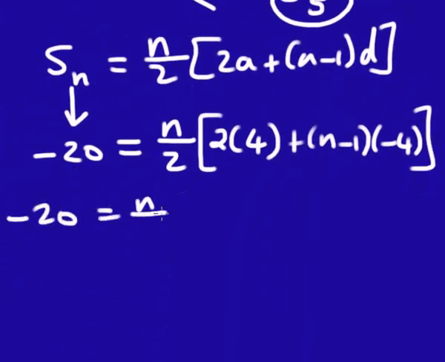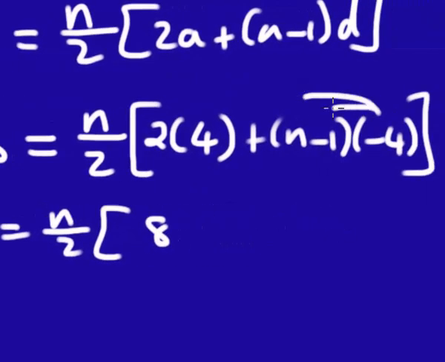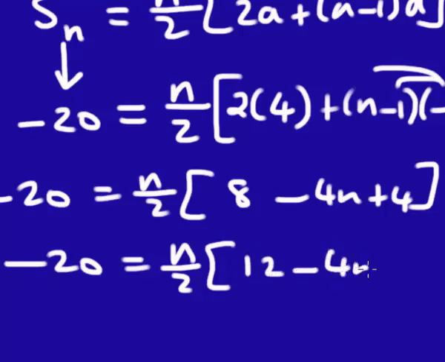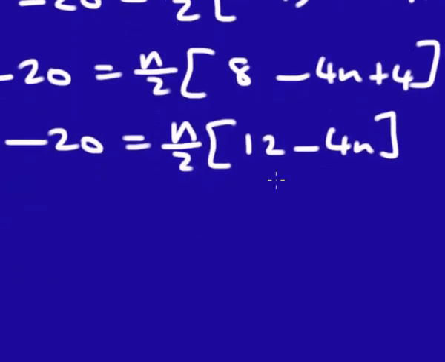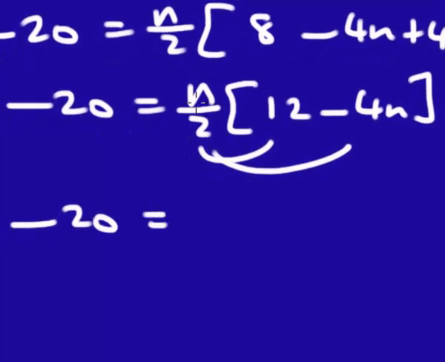So let's see what happens now. Negative 20 is n over 2 into 4 times 2 is 8. Distribute that out. It's negative 4n plus 4. So that's negative 20 is n over 2 into 12 minus 4n. So let's multiply in here and see what we get. Negative 20, well, n over 2 times 12 is 6n. n over 2 times negative 4n is minus 2n squared.